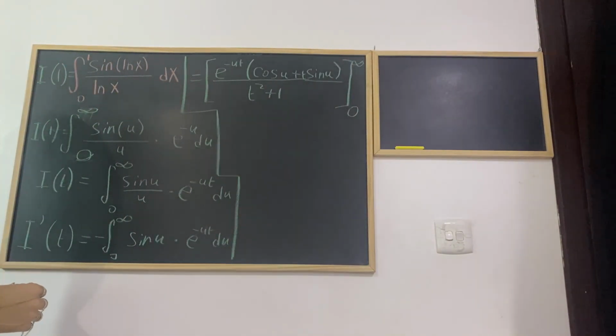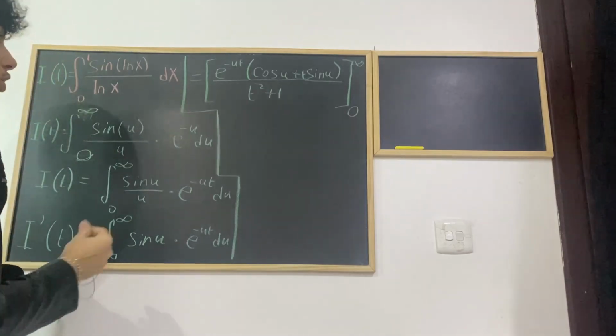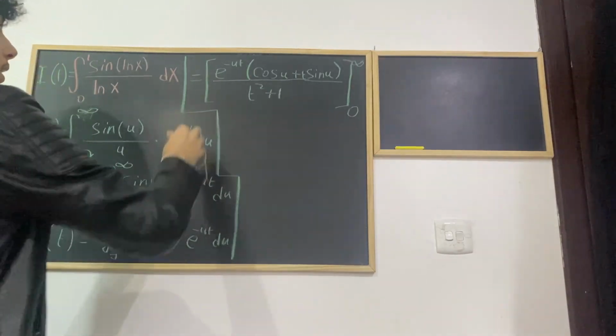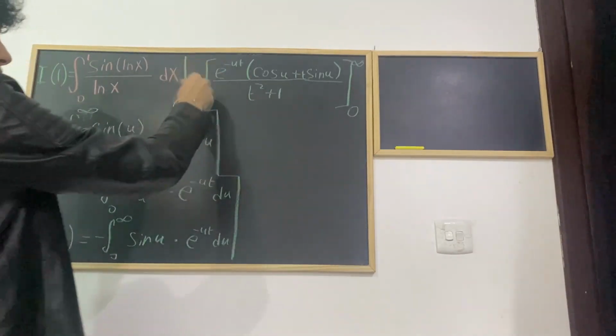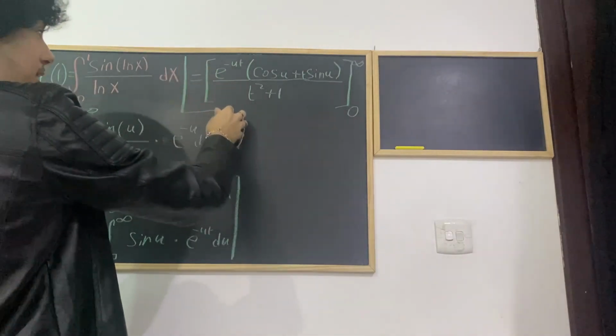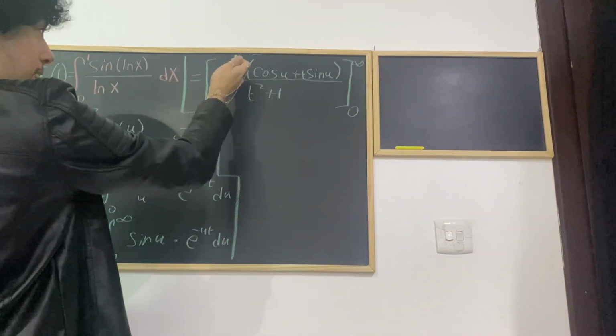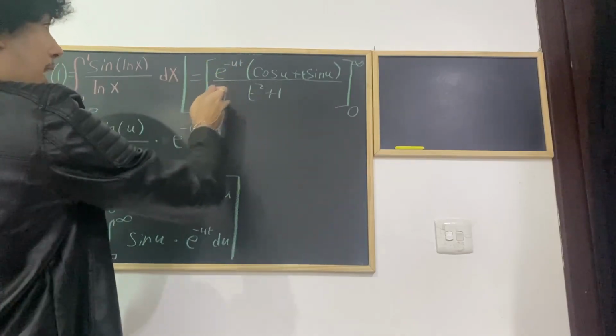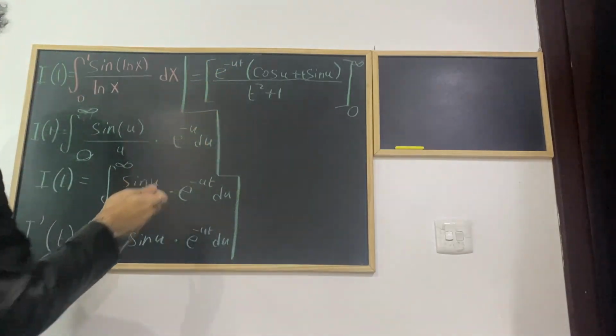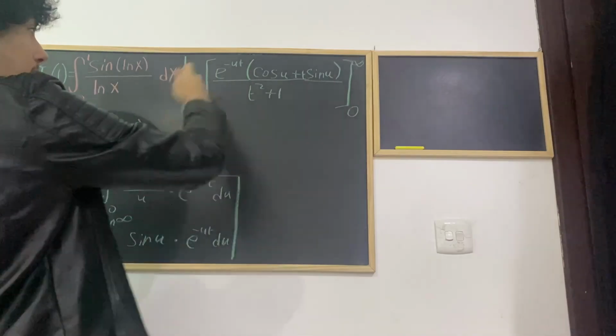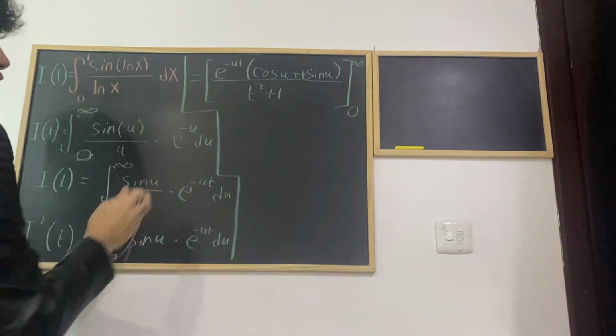So, let's take the limit as u approaches infinity. Remember, we said that we wanted an exponential function to become the denominator and drag everything to 0. So that's what's going to happen here. This, because it's the power of negative something, it's going to go down into the denominator. And since it's the power of infinity, it's going to go so high that the entire function becomes 0 because the denominator is so high.